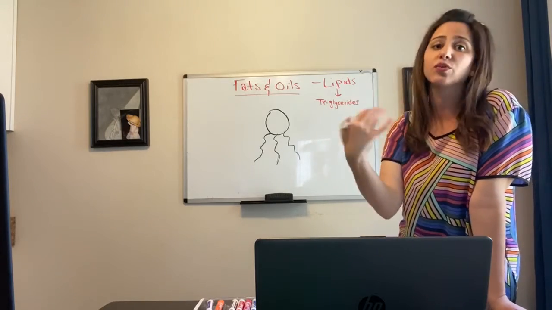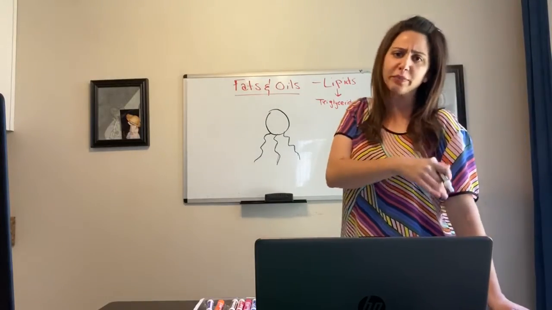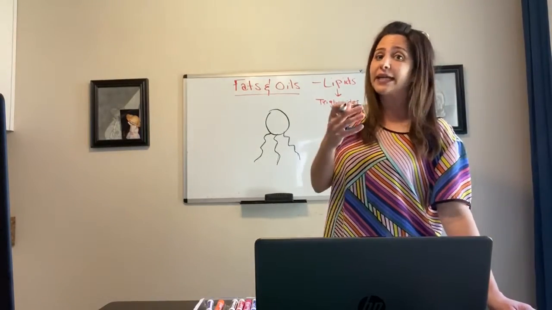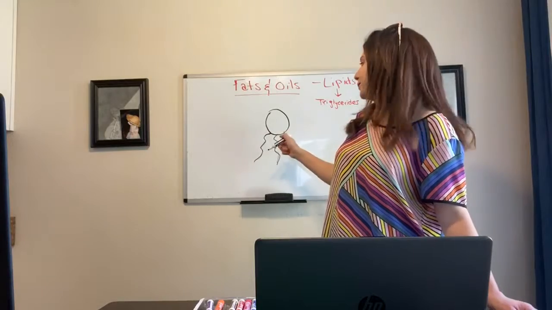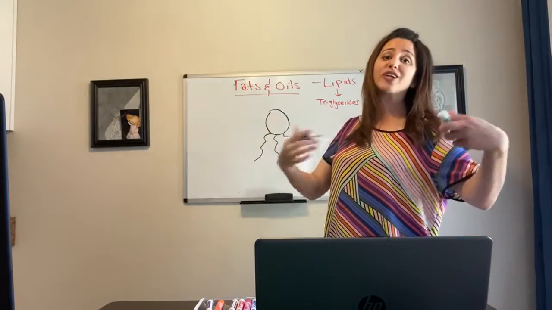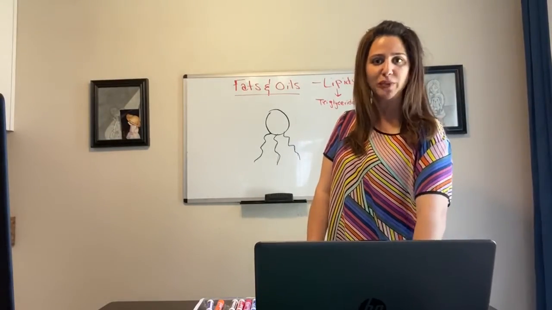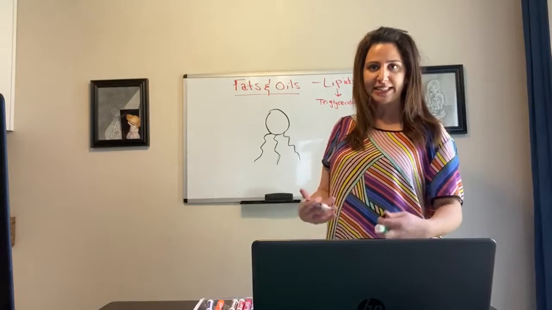That's one of the unique differences. There are other differences too, where the phospholipid has phosphorus inside of its compound, whereas triglycerides don't. There's no phosphorus here, and that's why it's called a phospholipid, because of the phosphorus, and it gives it its unique structure and identity.